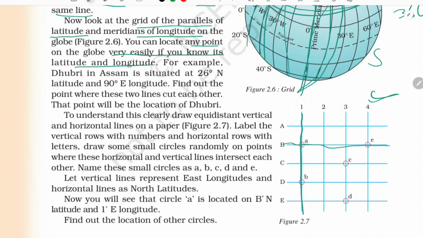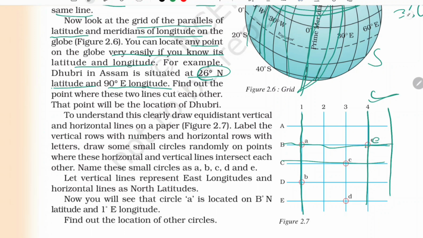For example, Dhubri in Assam is situated at 20 degree north latitude and 90 degree east longitude. Suppose this is the equator, here it will be 20 degrees, and here the eastern part, so somewhere here it will be located.